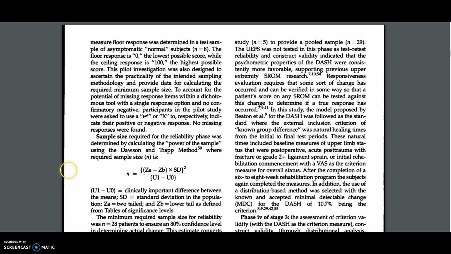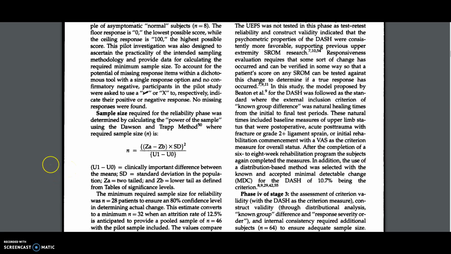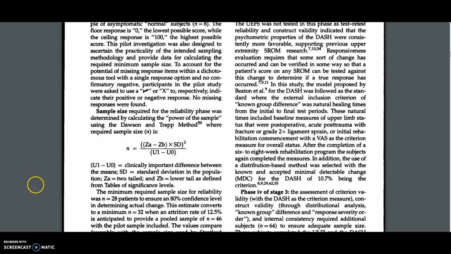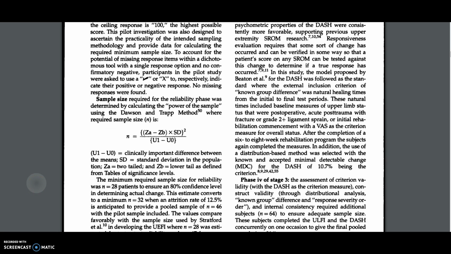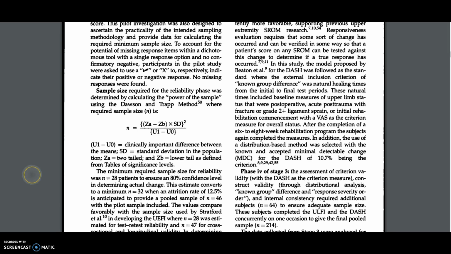So they said the sample size required for reliability phase was determined by calculating the power of the sample using the Dawson and Trapp method, where required sample size is the number of patients equals the equation provided, which is the Dawson and Trapp method. So for each of the phases, a required sample size is needed. So they use the power of the sample to figure out what was the actual sample size needed to determine there was reliability.